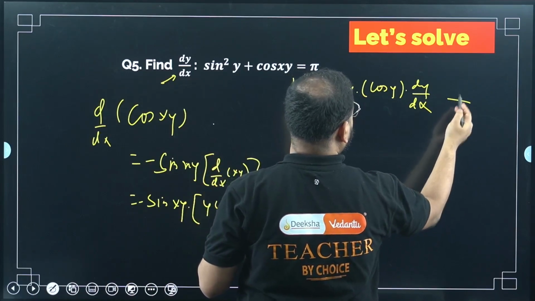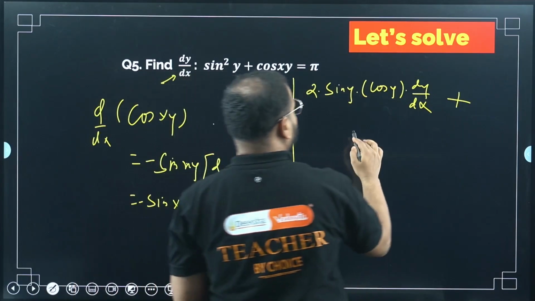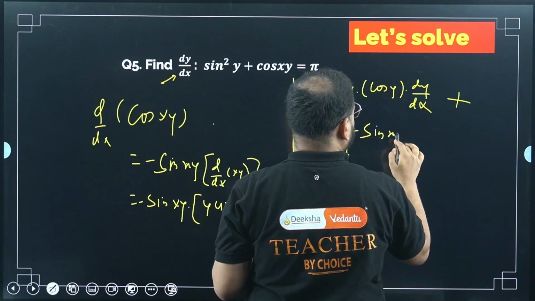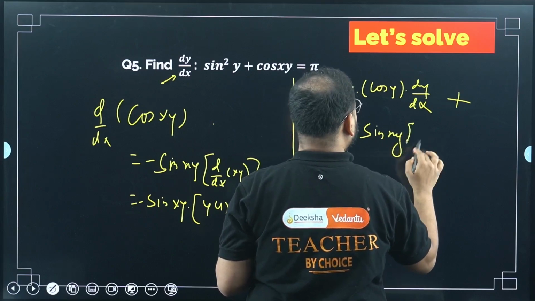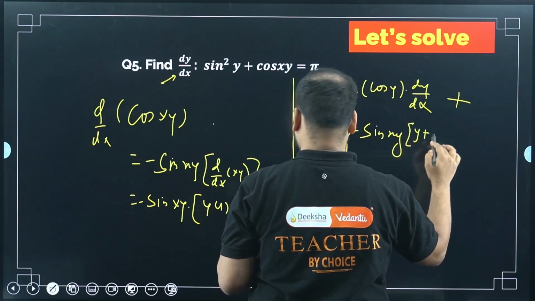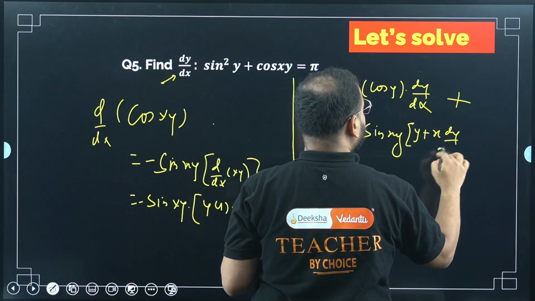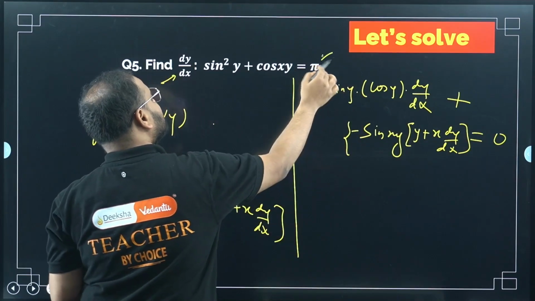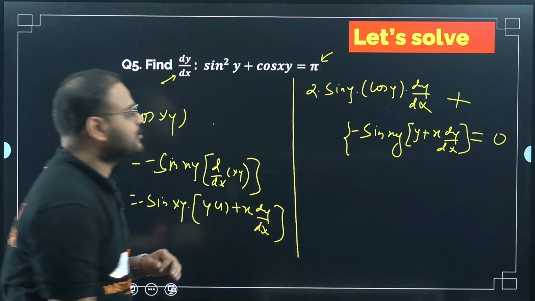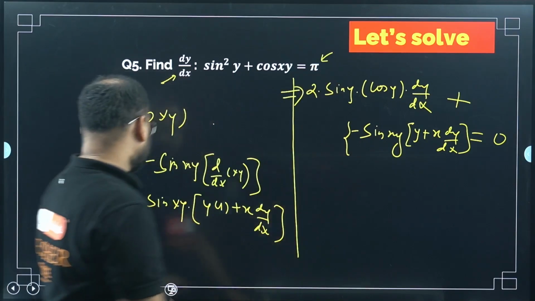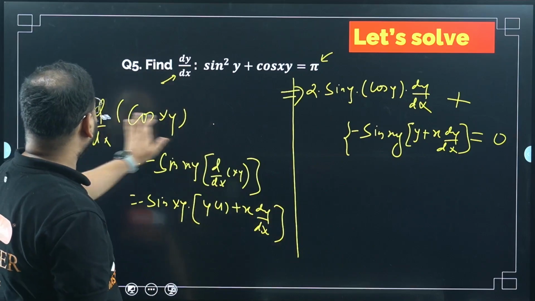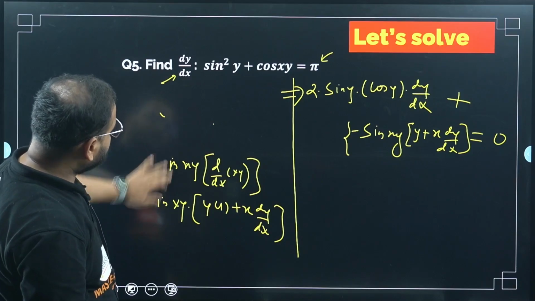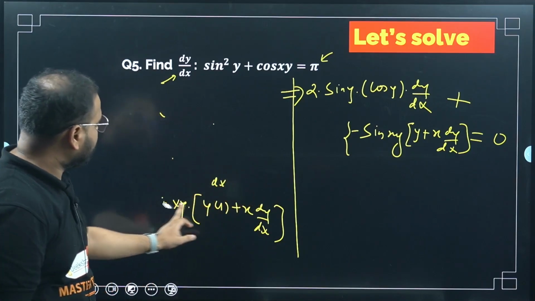Minus sine xy, bracket is there, y plus x dy by dx. Equals to what? 0. Because pi is a constant, differentiation is 0. This is my only one step. I don't need this part. This is just to explain to you how we got this, right?